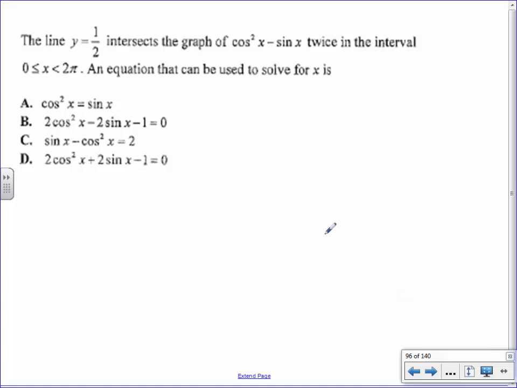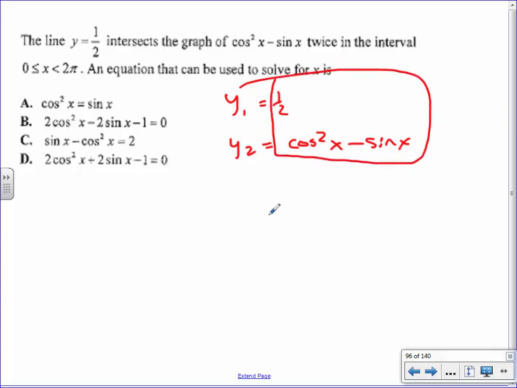Well, in a way, what they're saying is that y1 was 1/2, and y2 was cos squared x minus sine x. So the equation really needs to make these two things equal each other. So if you had cos squared x minus sine x equaling 1/2, is that one of the four equations?